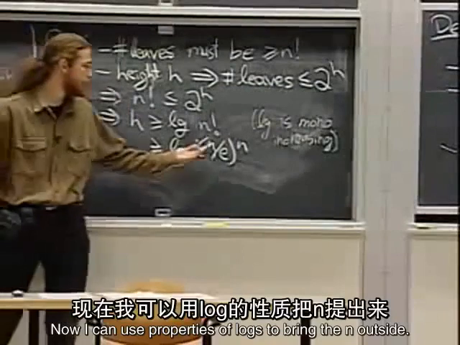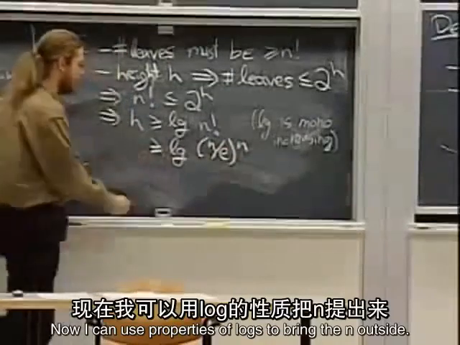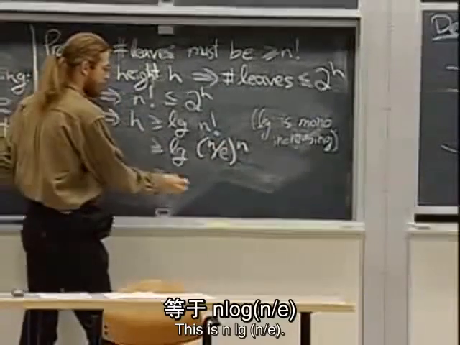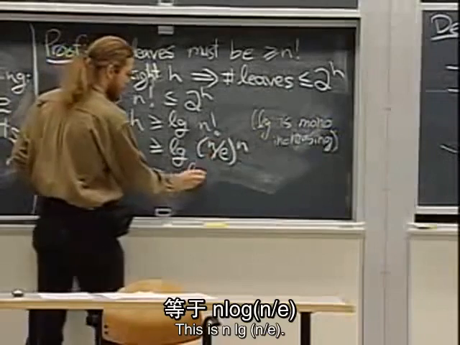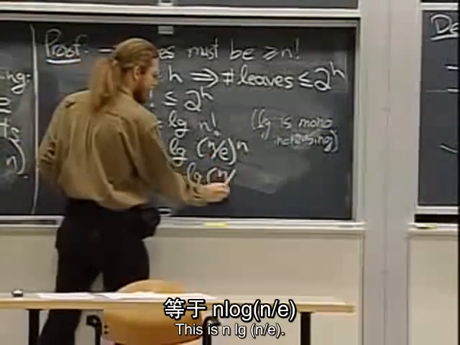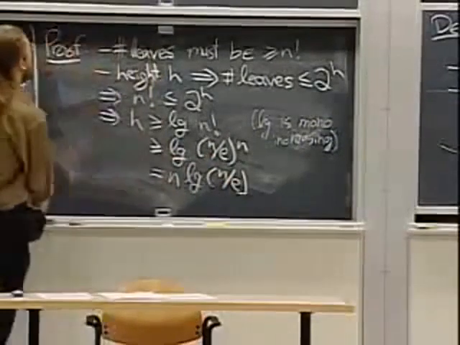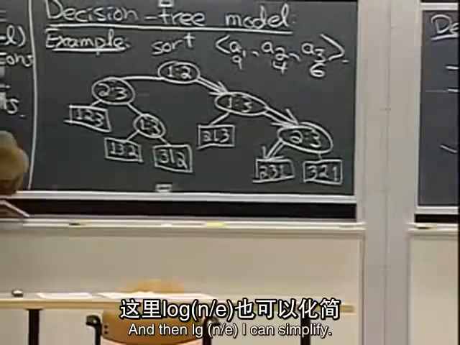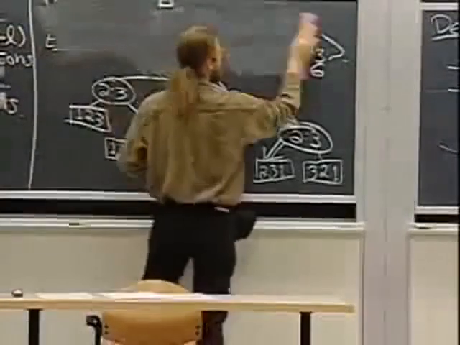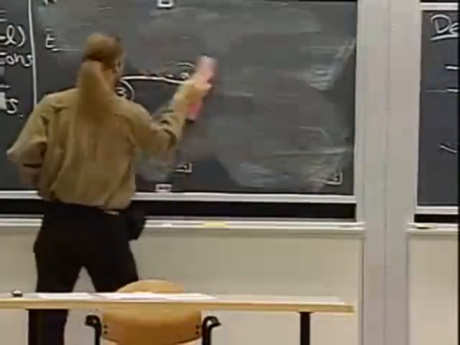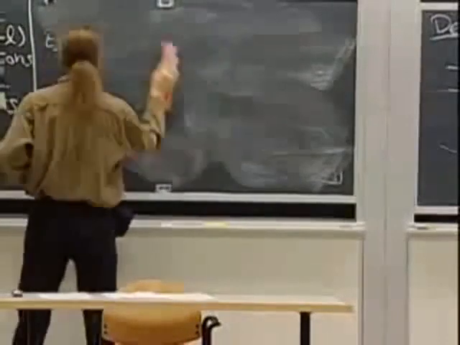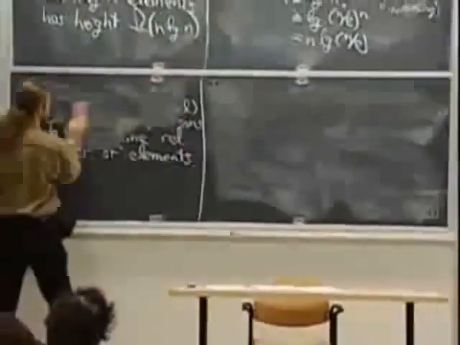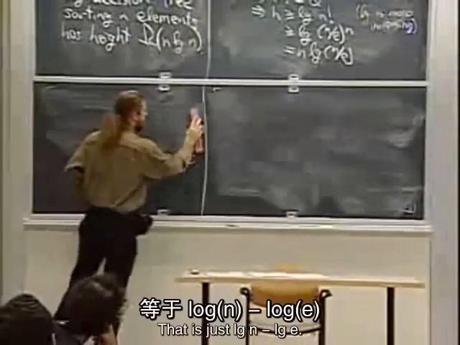Now I can use properties of logs to bring the n outside. So this is n times log of n over e. And then log of n over e I can simplify. That's just log of n minus log of e.